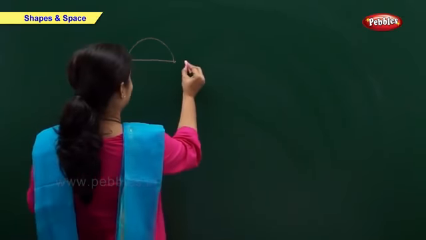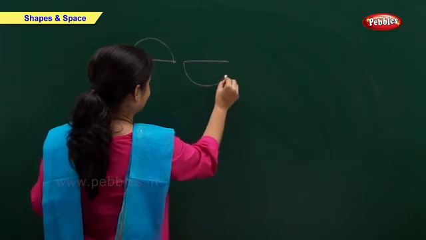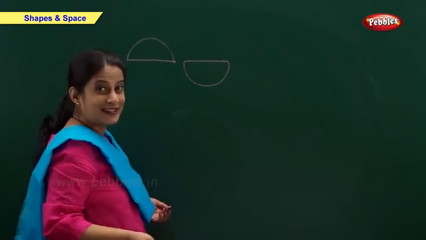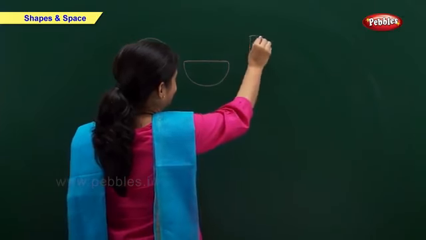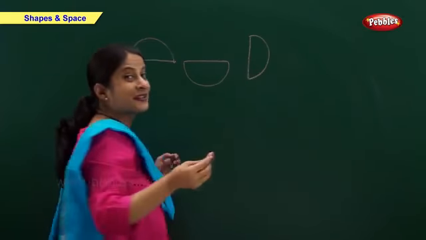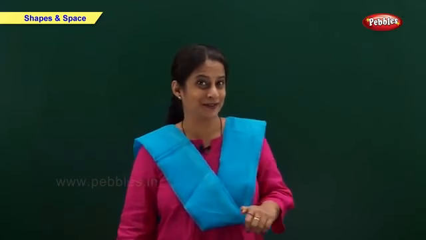Semicircle. Semicircle. Semicircle. Now let us draw a pentagon.